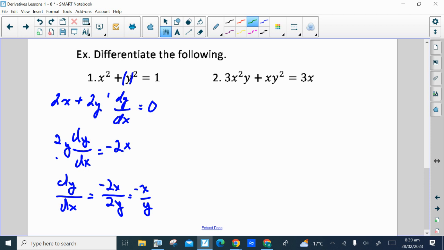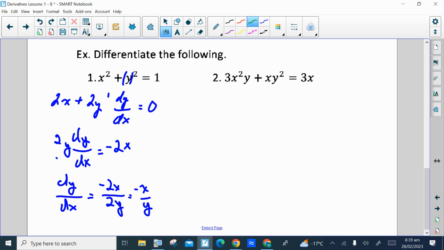So when you differentiate that term, you're going to have to use the product law as well as implicit differentiation when you differentiate the y factor. Same thing with the second term. That is a product. The first factor is x. The second factor is y squared. So when you differentiate that, again, you'd have to use the product law. And then when you differentiate the factor y squared, you would also use implicit differentiation now. So here we go.